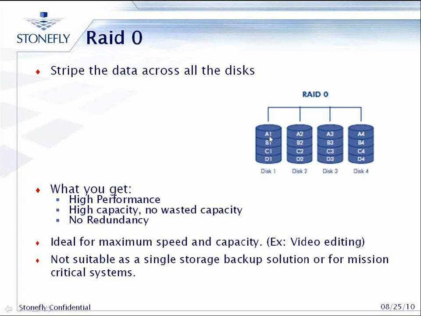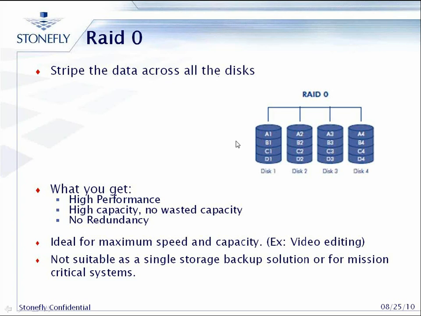The concept is, while you're writing the data, rather than writing it to one disk sequentially, you stripe the data according to the stripe size. With these hardware HBAs or controllers, you can specify the stripe size that you want.